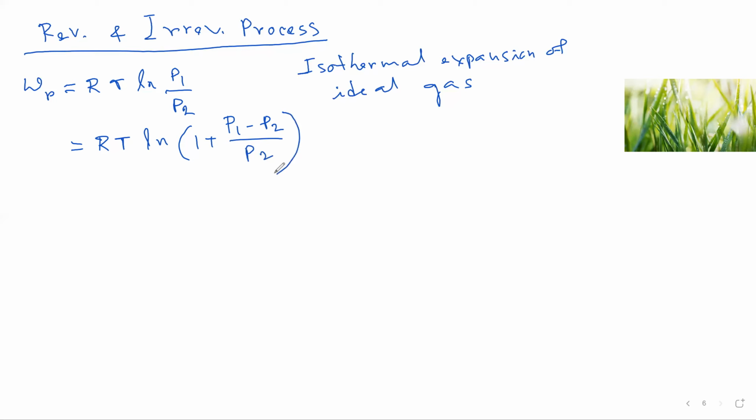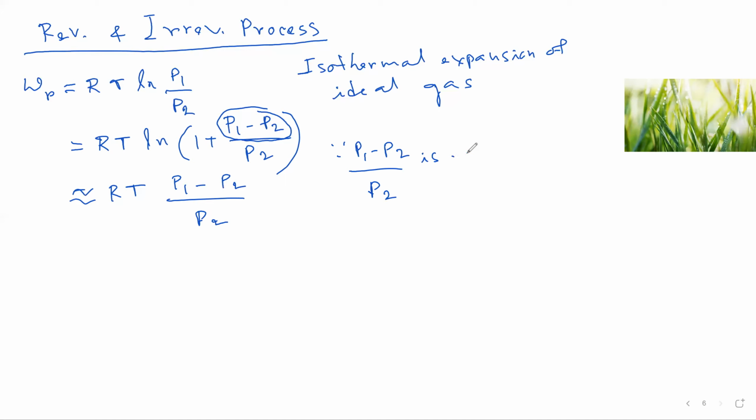We can write P1 by P2 like this, and we can assume (P1 minus P2) by P2 is a very small quantity, so this is an approximation. Since this is very small compared to P2, we can write this as RT into (P1 minus P2) by P2, because it is not a large quantity, it's small.